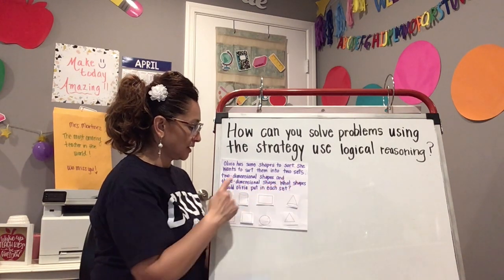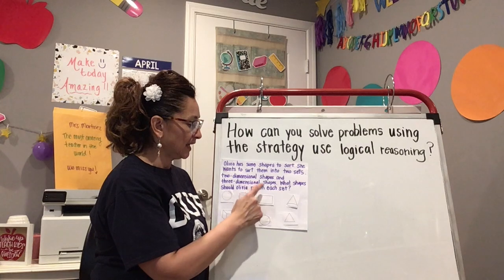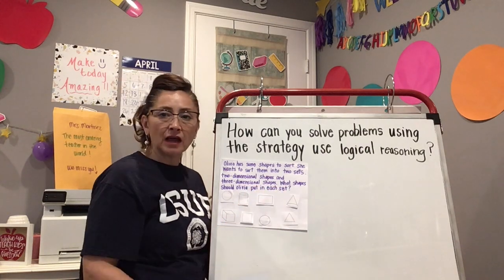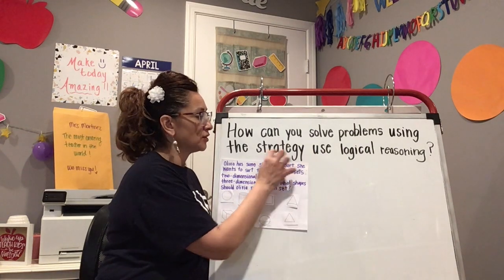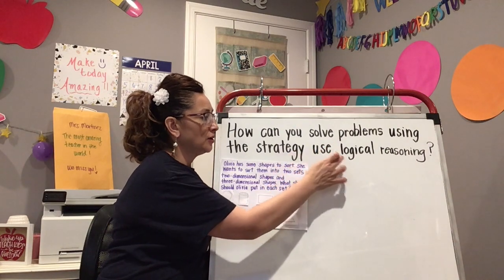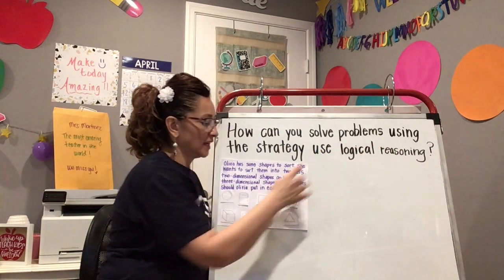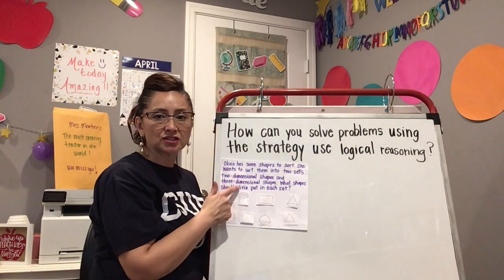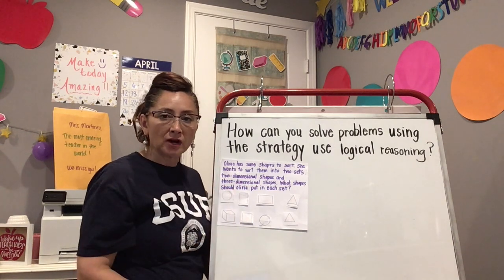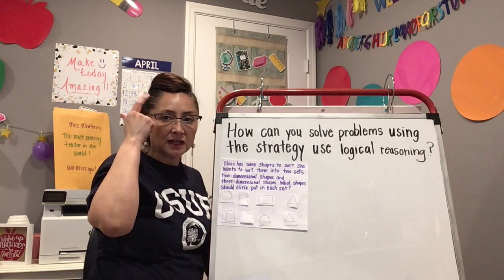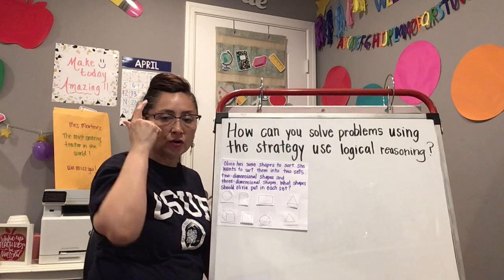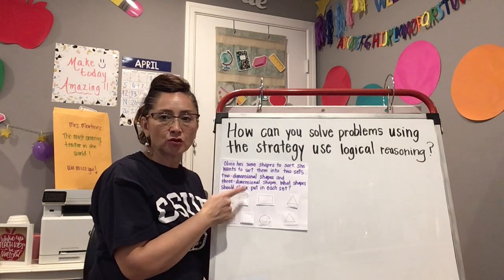What shapes should Olivia put in each set? Now remember, today we're going to use the strategy, use logical reasoning to help us answer this word problem. Remember, logical reasoning is using what we know to answer this question.